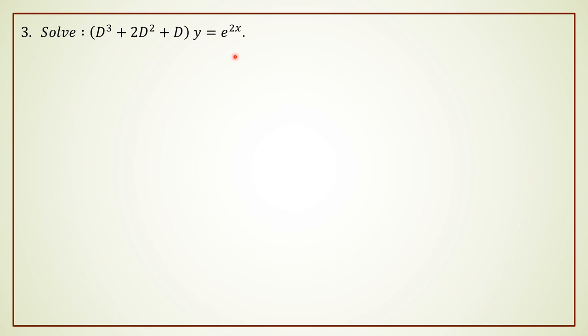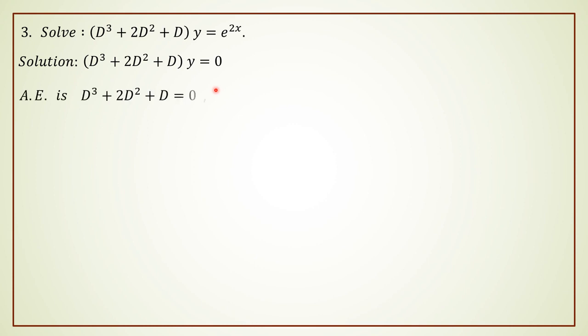So let us first find the complementary function, and in order to find it, consider the corresponding homogeneous equation. So what is the corresponding homogeneous differential equation? It is (D cube plus 2D square plus D) of y is equal to 0.